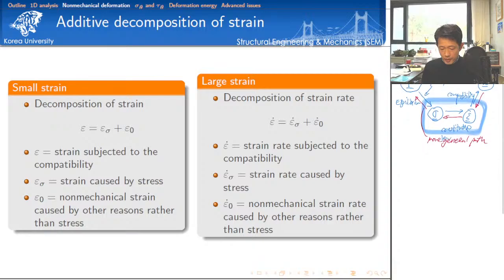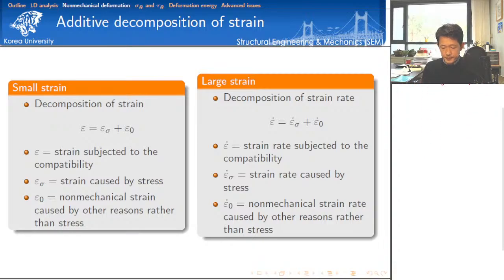Alright, so let's talk about Hooke's law. According to Hooke's law, the strain is proportional to the stress. That's the key point of Hooke's law. To express this, we need a proportional coefficient.